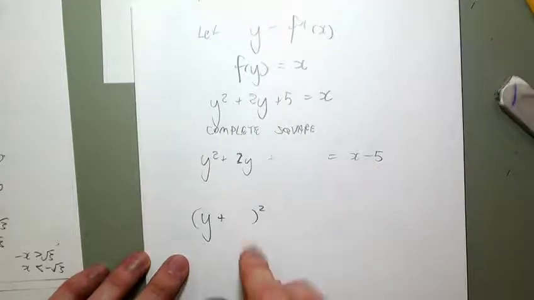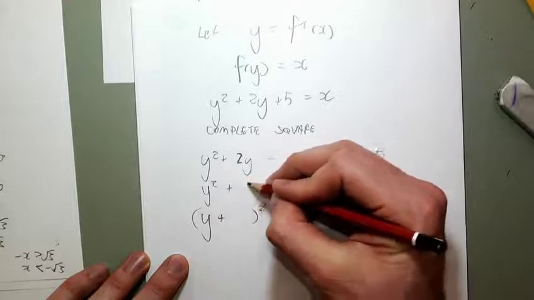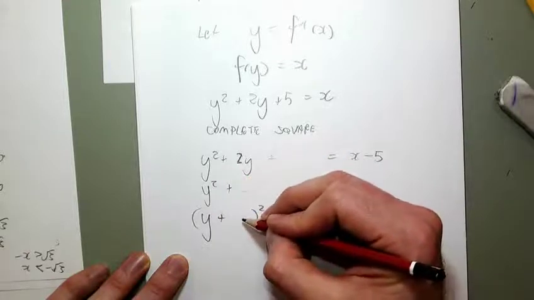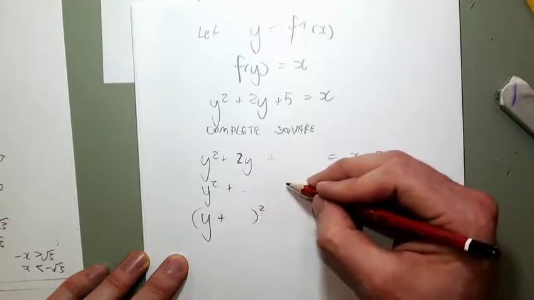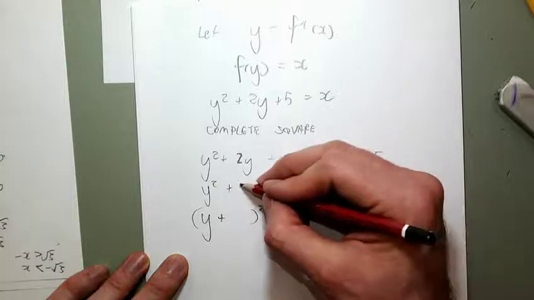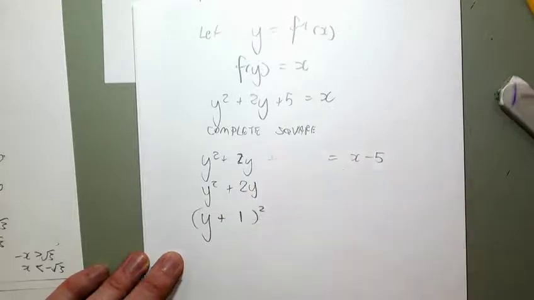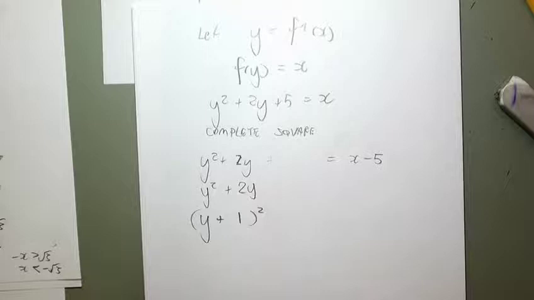So if I expanded this out, it would be y squared plus 2 times whatever was here times y plus whatever was here squared. And so therefore, this must be 1 because it's half of the 2y. Completing the square means that I have to divide that bit by 2.